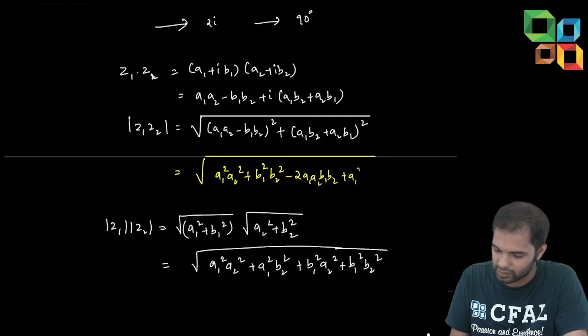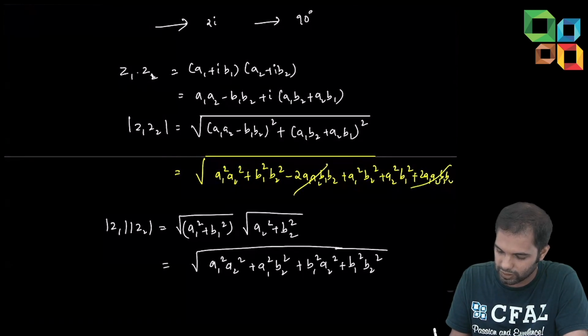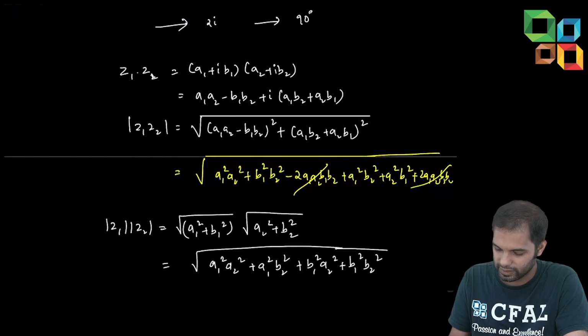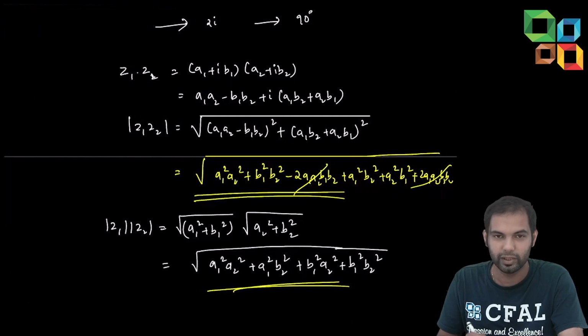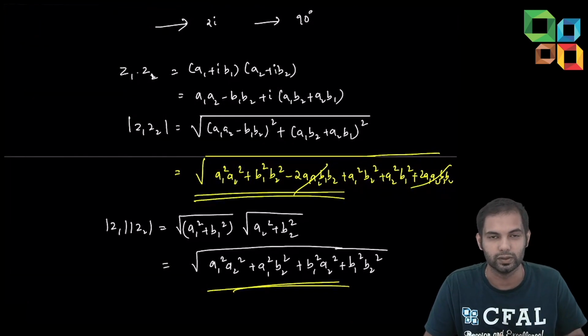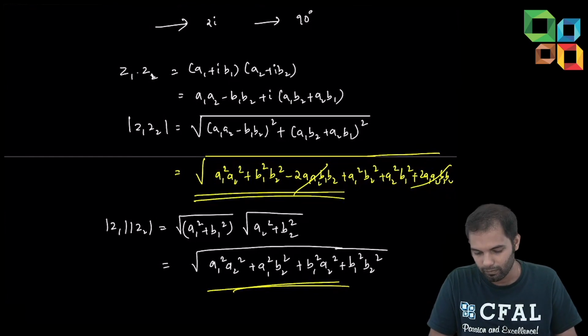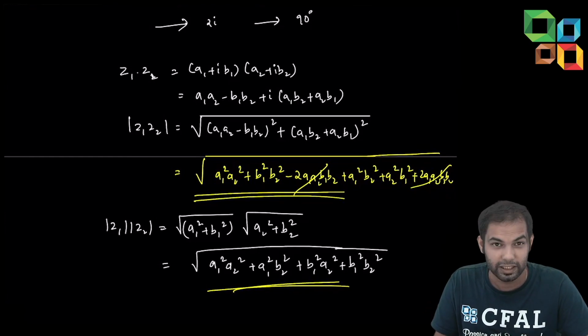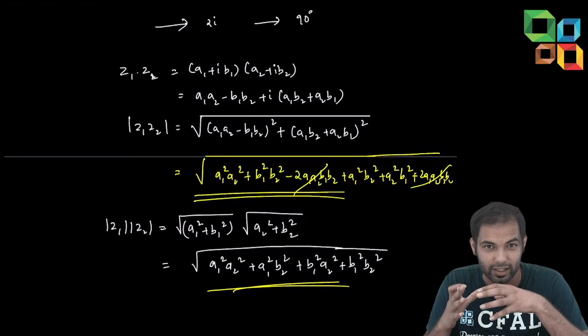Similarly, there is A1 square B2 square plus A2 square B1 square plus 2 A1 A2 B1 B2. You can see that these terms are common and the remaining terms are equal, right? So when I multiply complex numbers, the magnitude actually gets multiplied.